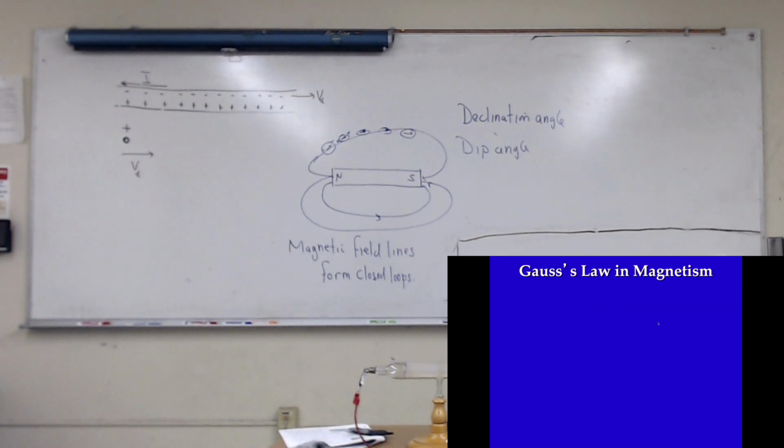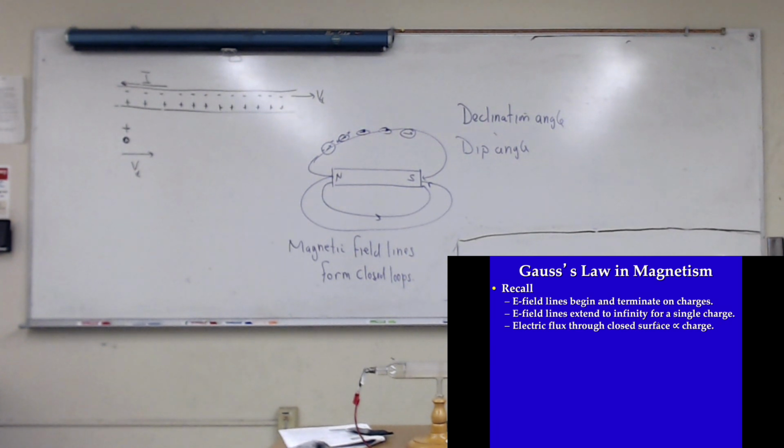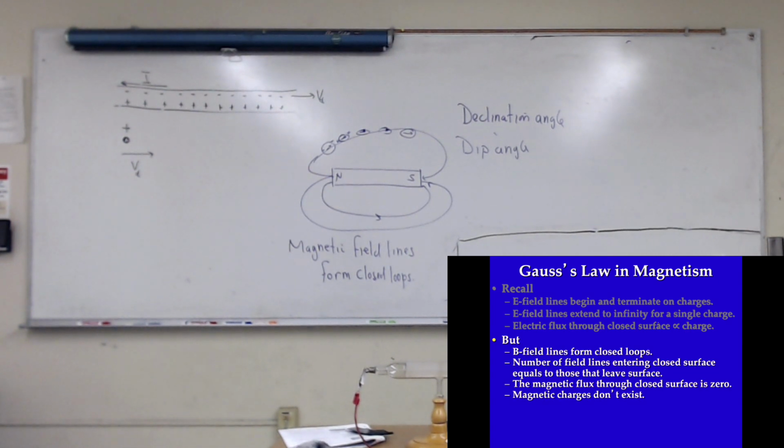So the question is, since the electric field lines begin and terminate on charges, or extend to infinity, the electric flux through a closed surface is proportional to the charge. What about for magnetic fields? Well, the magnetic field lines form closed loops.